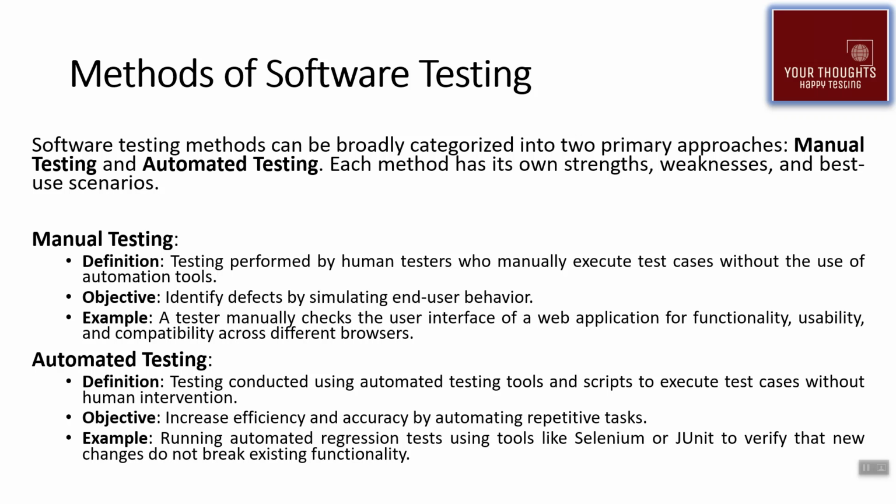In automation testing, we normally reduce human interaction and use tools to execute our test cases. The objective of this testing method is to increase efficiency and accuracy and save extra time and resource engagement on the work.